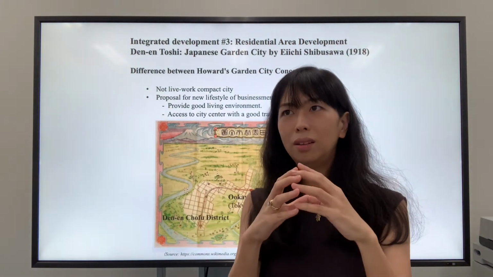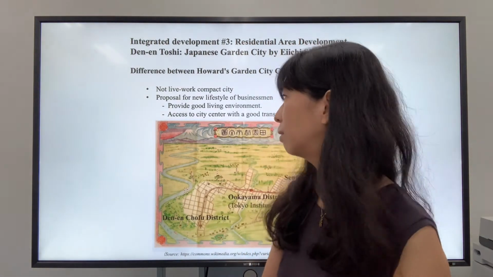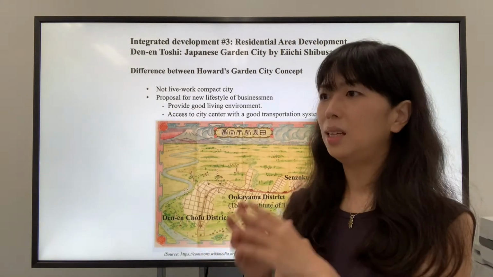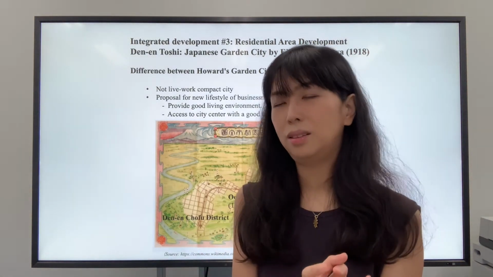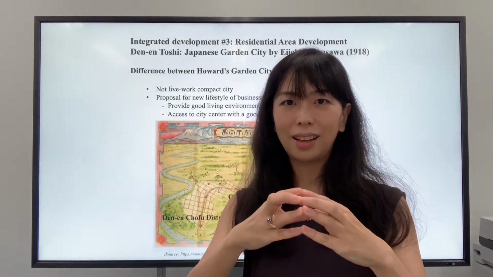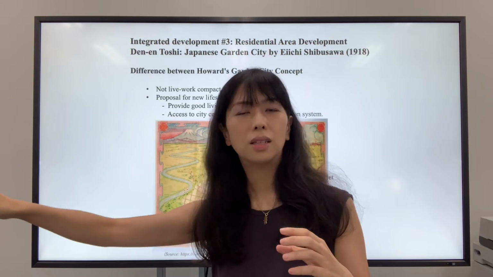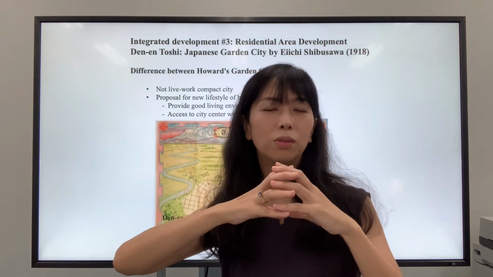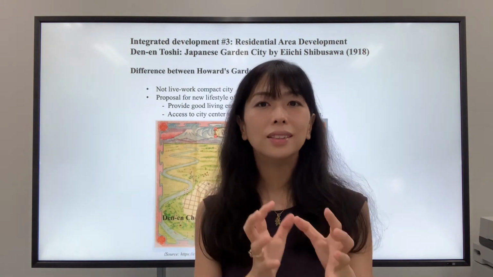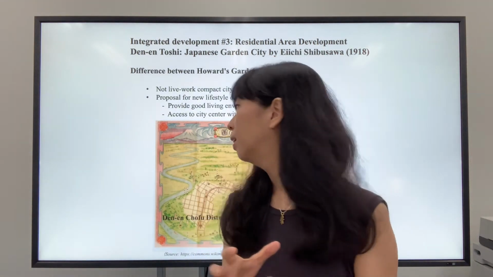But the big difference between Howard's garden city and the Japanese garden city is that in Howard's garden city, you are self-sustained within that city itself. So you do not commute towards the city center, but rather it's a self-sustained city. All the activities and businesses will happen within that area.